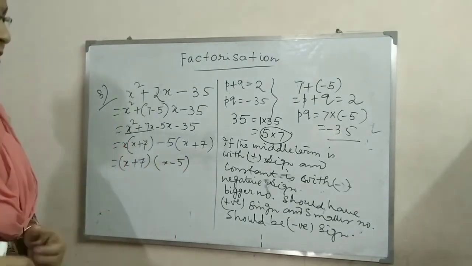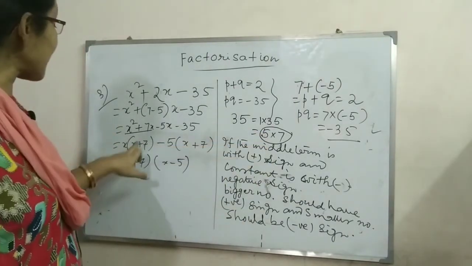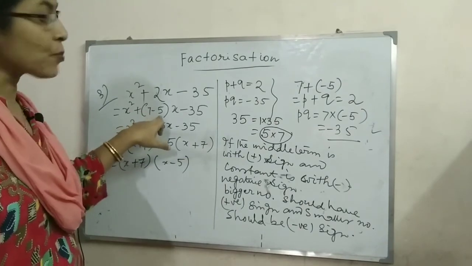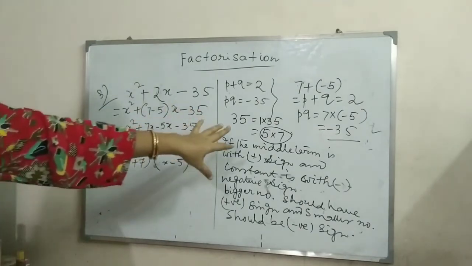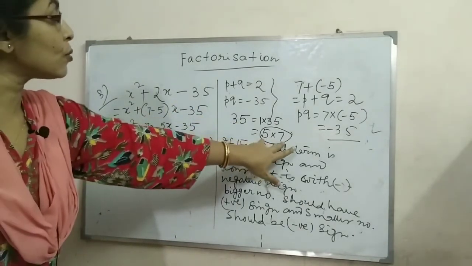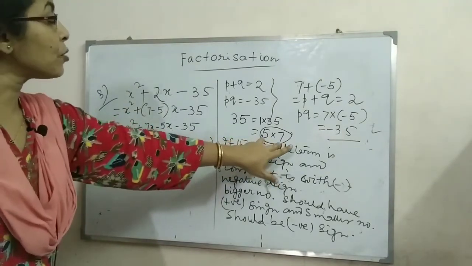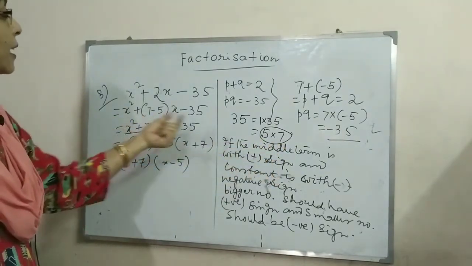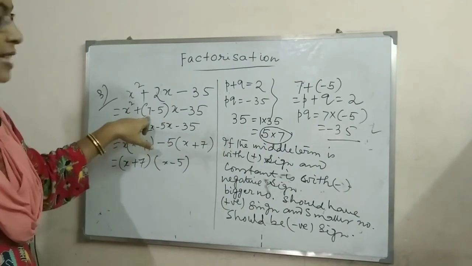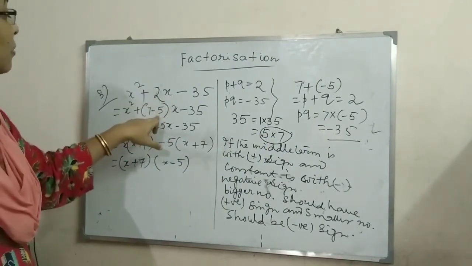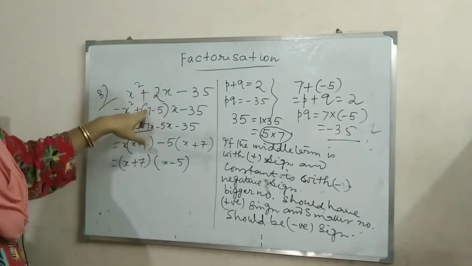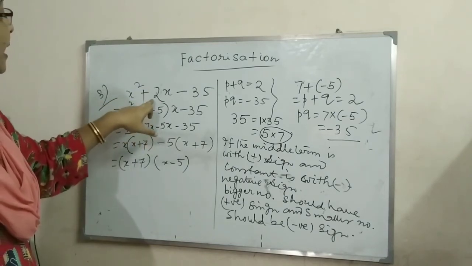These are the two factors. Between the two numbers, I will take the bigger number with plus sign, that is plus 7, and the smaller number with minus sign, then I will get plus 2.